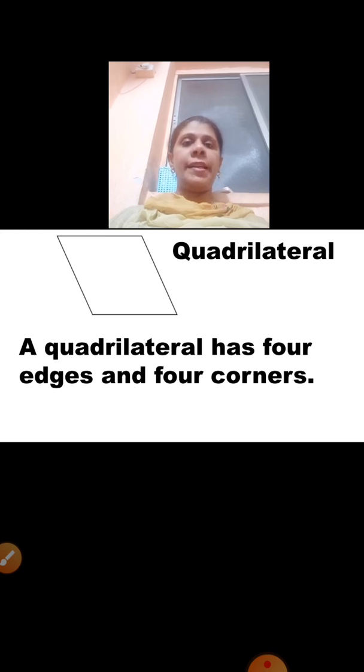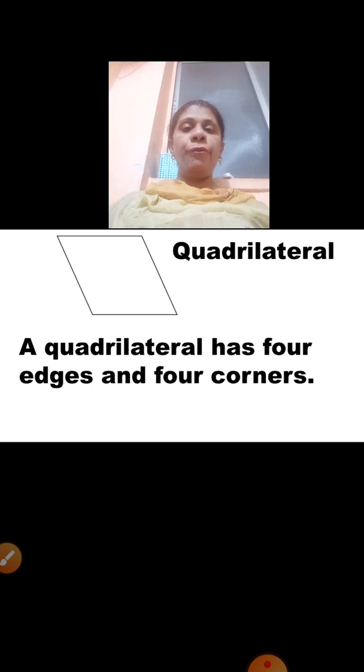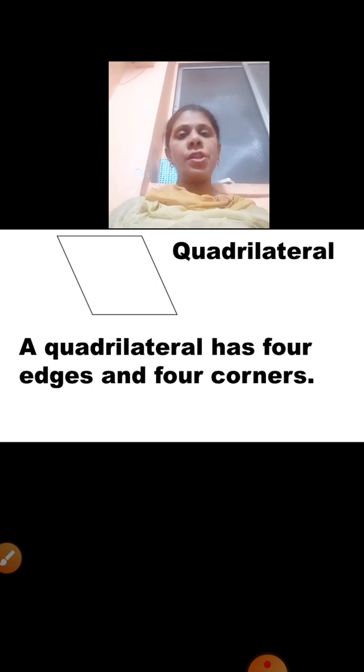A quadrilateral has 4 edges and 4 corners. Repeat after me. A quadrilateral has 4 edges and 4 corners. A dash has 4 edges and 4 corners.